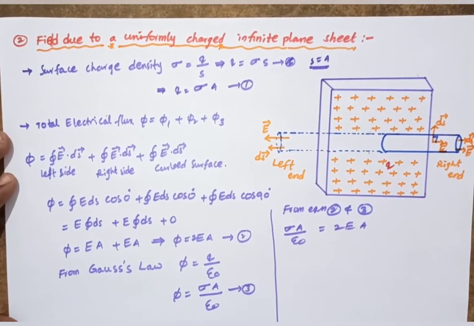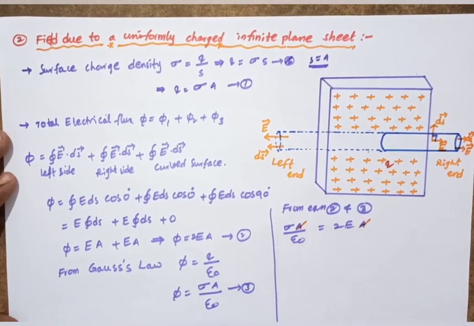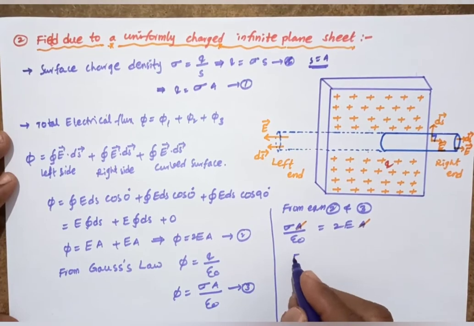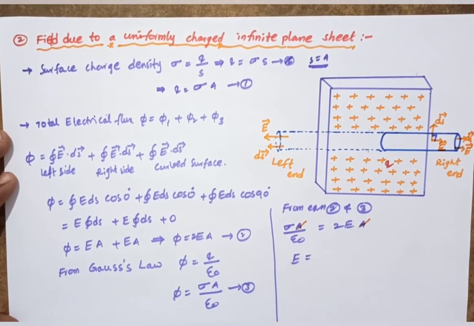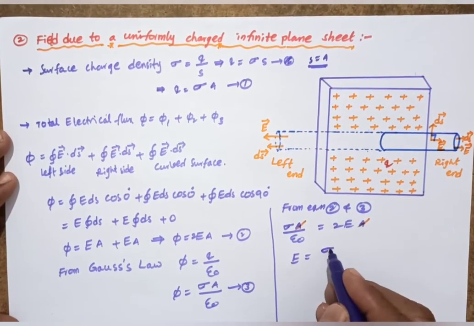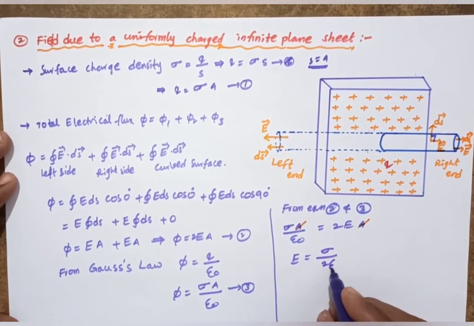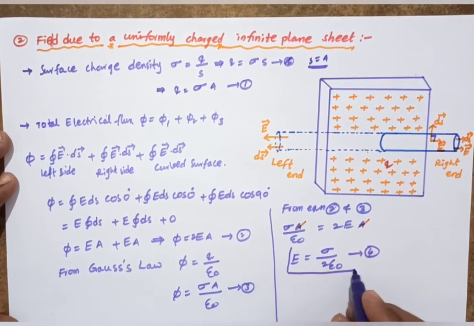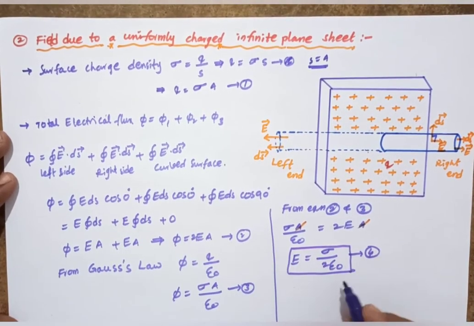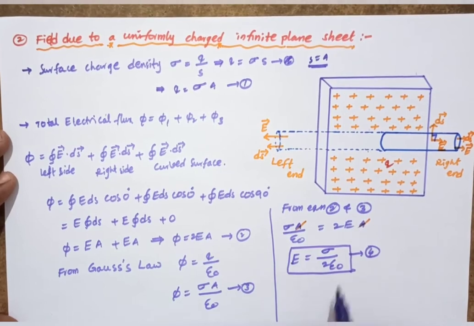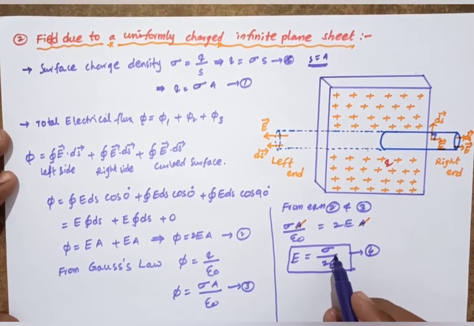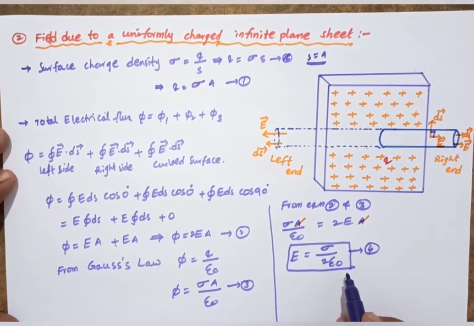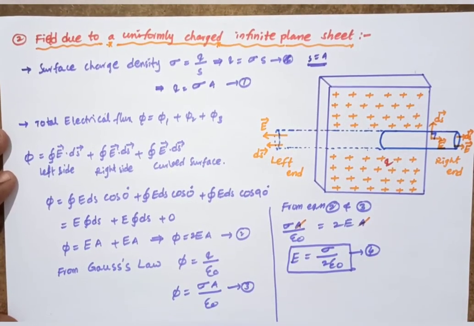Here A and A get cancelled. So the electric field E equals sigma by 2 epsilon naught. This is equation number 4. Sigma is the surface charge density, and epsilon naught is the permittivity of free space.